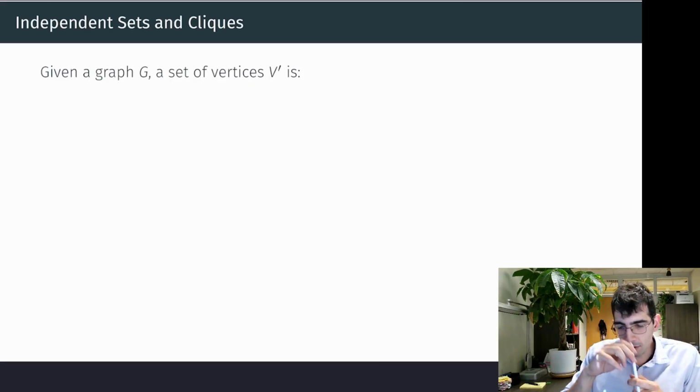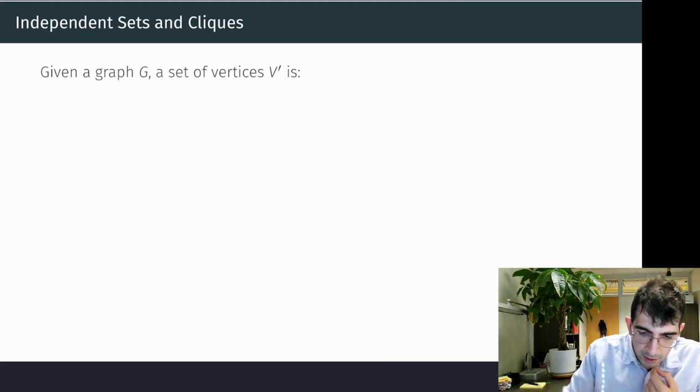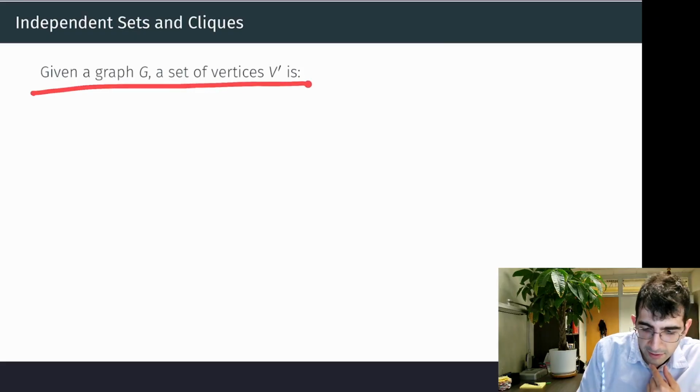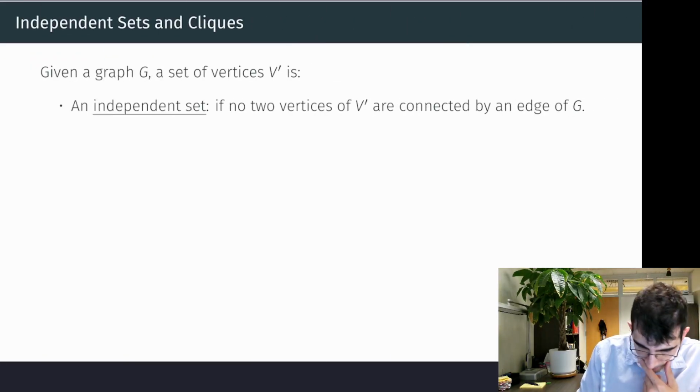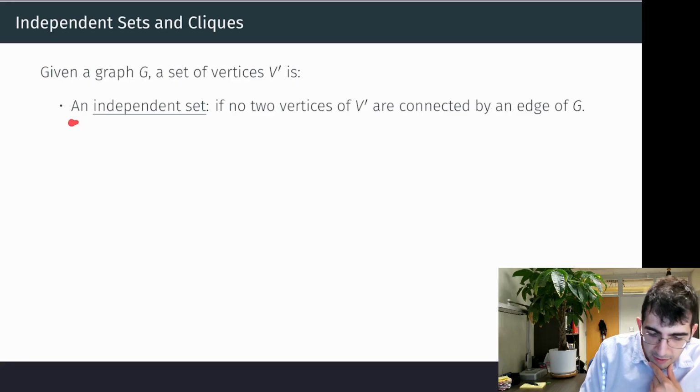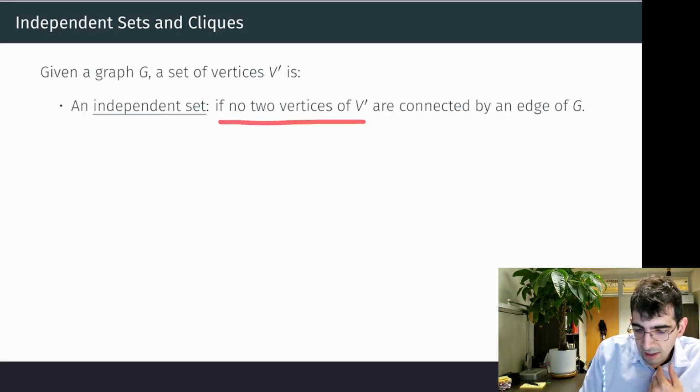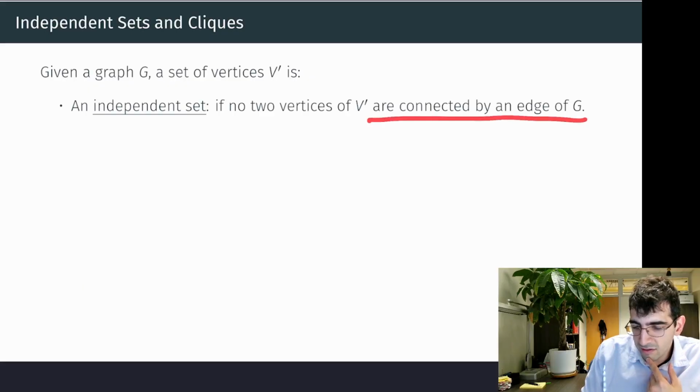Okay, so let's say we are given a graph G and a set of vertices V. We define an independent set as a subset of vertices where no two vertices in this subset are connected by an edge in the original graph.